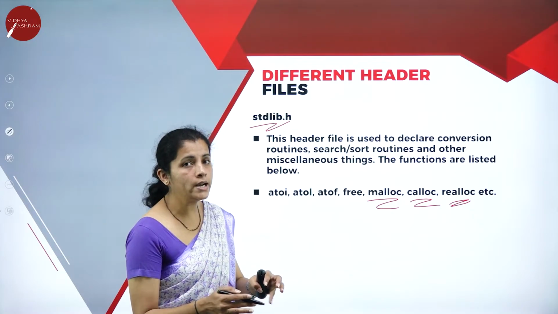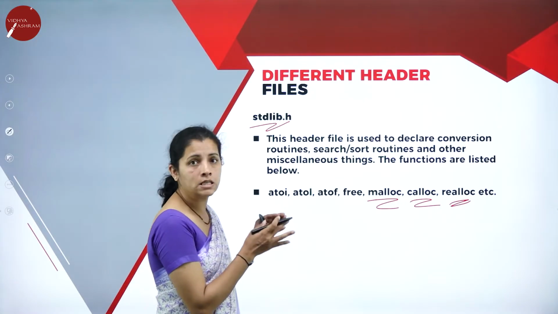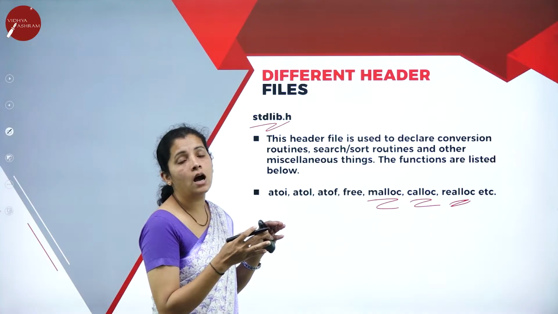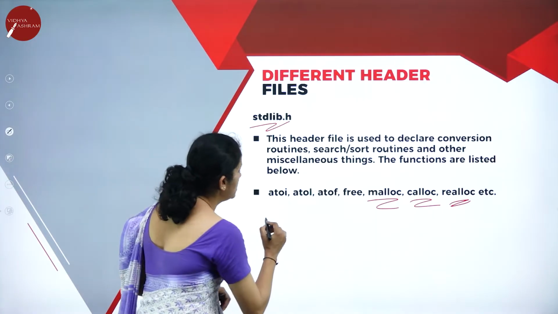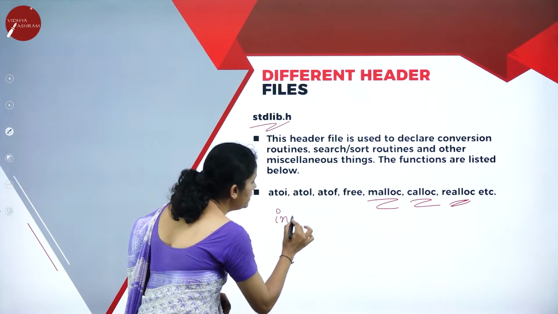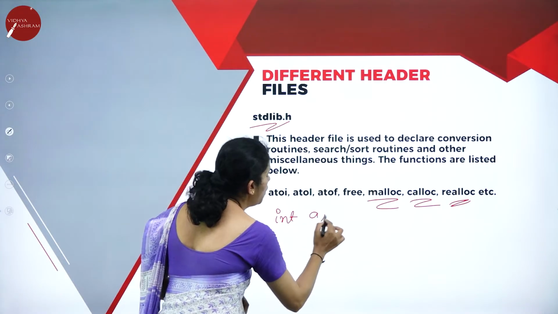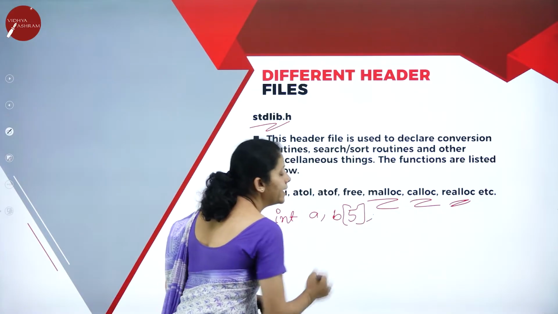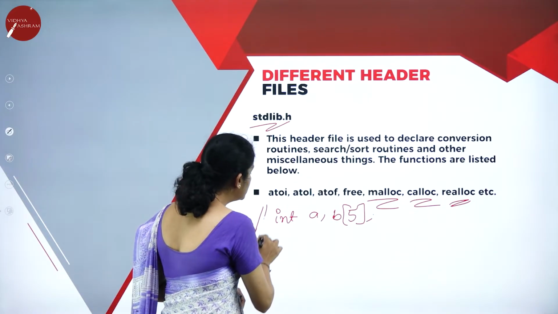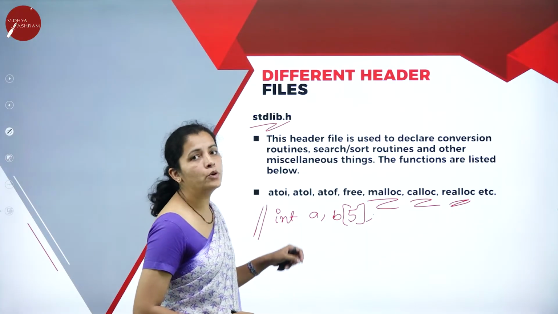So dear student, till now, all the things we discussed come under static memory allocation. For example, if I write int a, or b of 5, these are examples of static memory allocation.